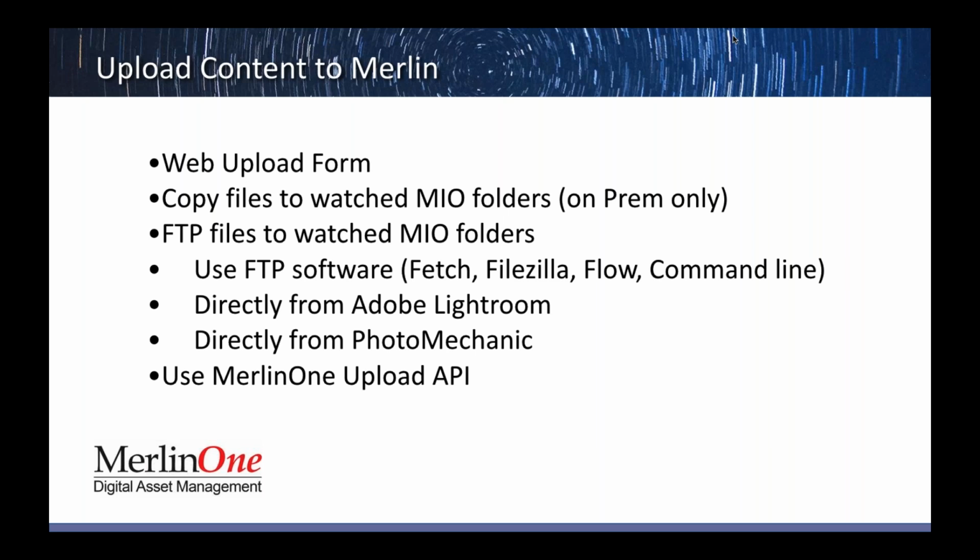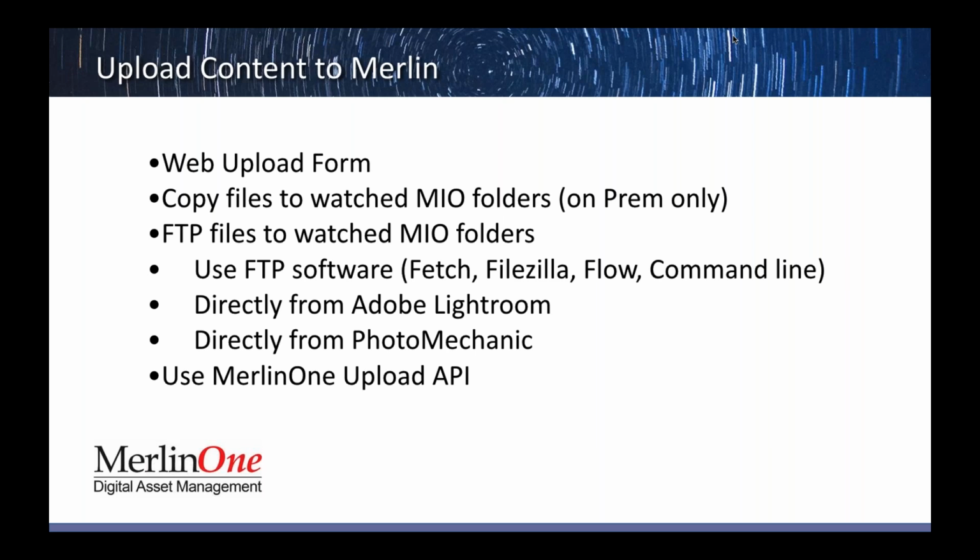You can FTP files to Merlin, to the MIO watched folders on the Merlin server. And you can use either FTP software, things like Fetch or FileZilla or Flow, or you can even use command line FTP from Windows computers.